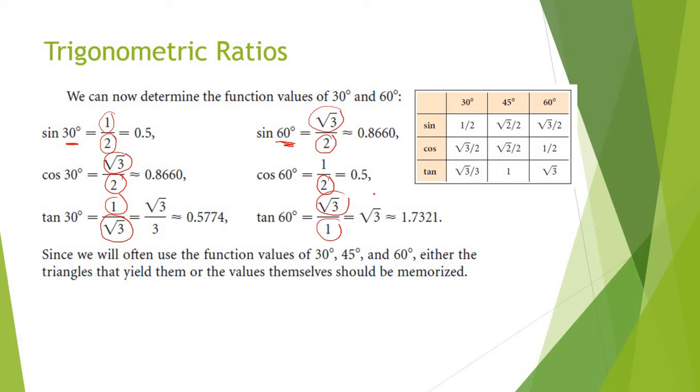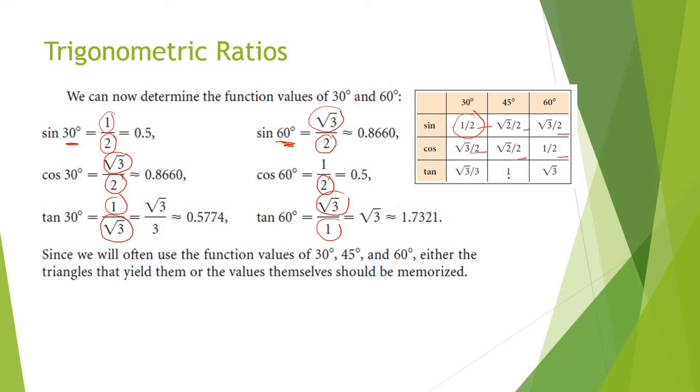If you look at this table, you'll be able to identify that the sine of 30 degrees is 1/2, for 45 degrees it is square root of 2 over 2, and for 60 degrees it is square root of 3 over 2. It's important to memorize these, because they will really help you when you solve problems later on.